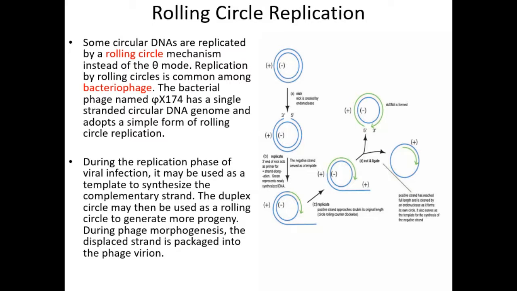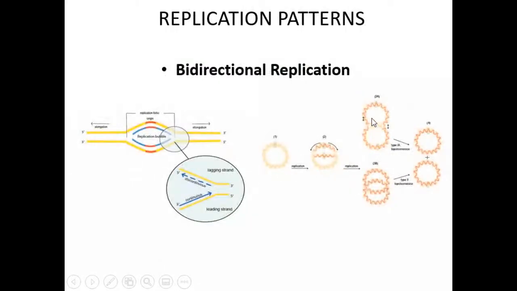For circle DNA replication, number one, synthesis of the primer is not necessary. Remember when we discussed replication, we need the RNA primer, we need the primase to synthesize several RNA primers, and then DNA polymerase 3 will continue the synthesis from the 3' hydroxyl group.